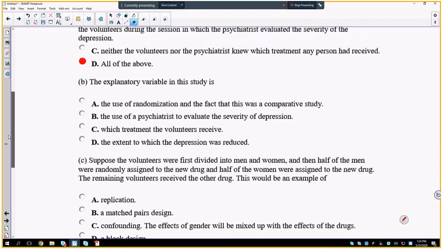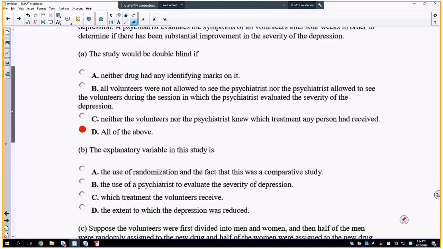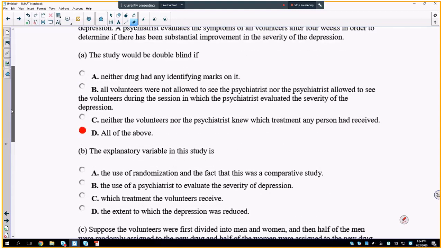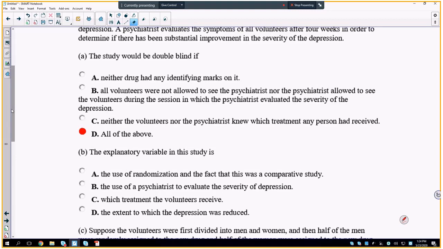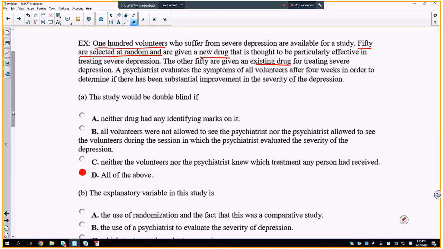The explanatory variable in the study is the use of randomization and the fact that it was comparative, the use of a psychiatrist to evaluate the severity of the depression, which treatment the volunteers receive, or the extent to which depression was reduced. So when we're talking about explanatory variables, we're talking about potential causes or treatments, we will sometimes say.